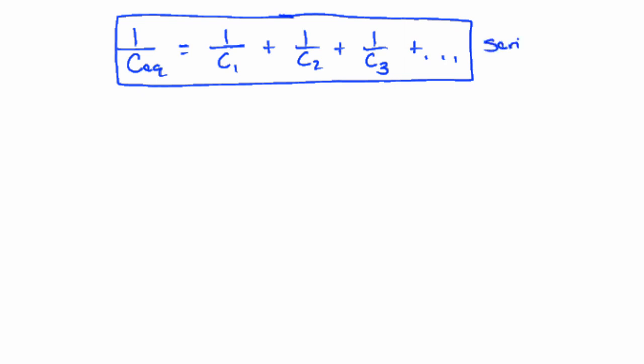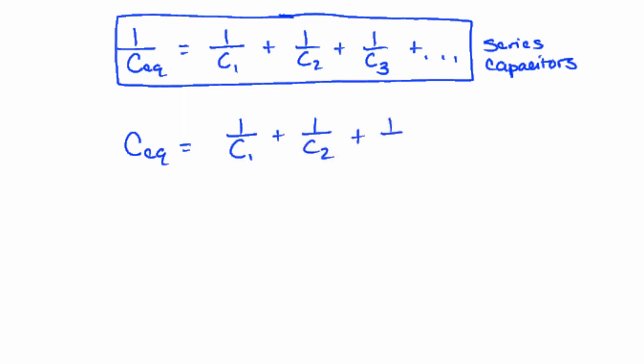When you're going through and using this equation to determine the equivalent capacitance of a collection of capacitors that happen to be in series, don't forget to invert back after you add up this sum. So a different way of writing the same thing, which may or may not help you to remember to invert, is this. Both are equivalent statements.